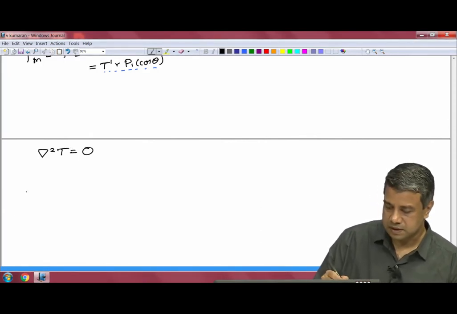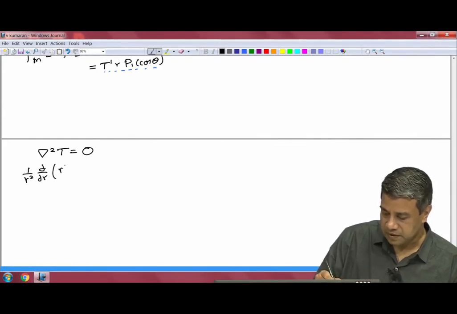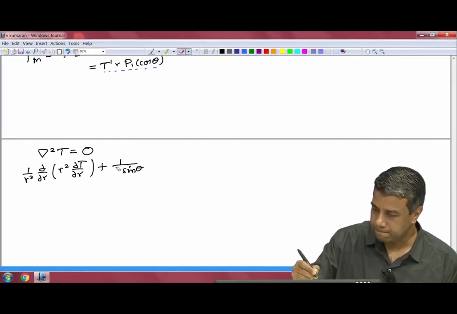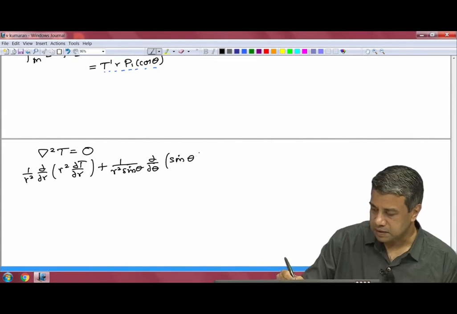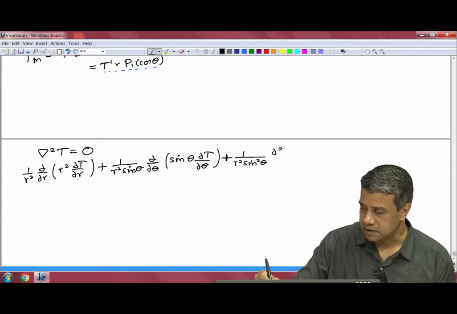for a general non-axisymmetric case is 1 over r square d by dr of r square partial T by partial r plus 1 over r square sin theta d by d theta of sin theta partial T by partial theta plus 1 over r square sin square theta partial square T by partial phi square is equal to 0.